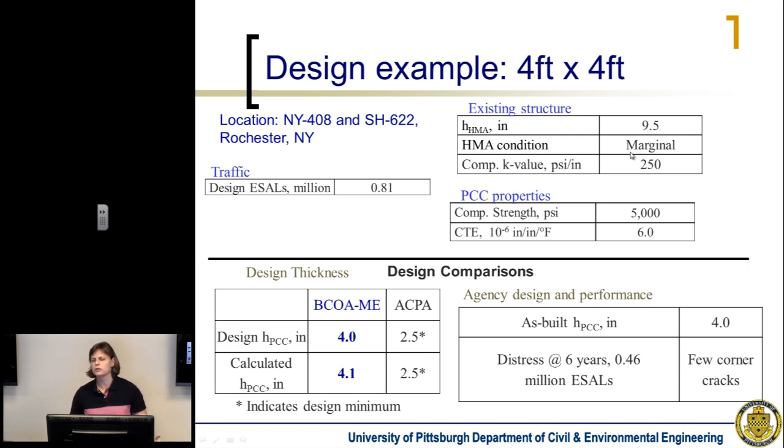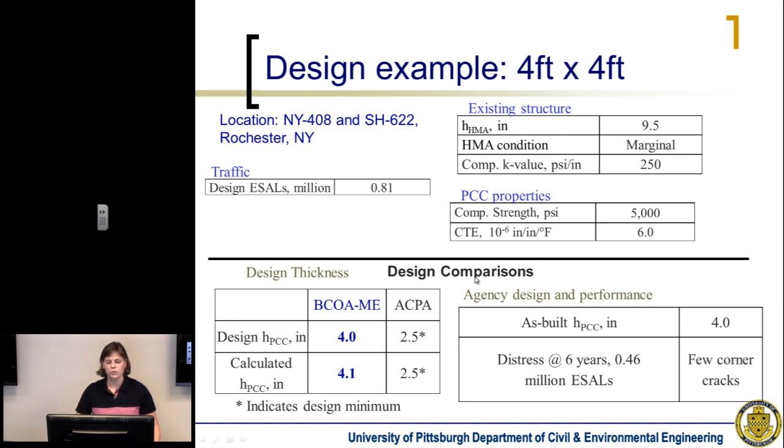The asphalt condition was marginal, so about 10 to 20% fatigue cracking, a composite K value of 250 psi per inch, compressive strength around 5,000, the CTE, the coefficient of thermal expansion, was 6 times 10 to the negative 6 microstrain per degrees Fahrenheit.